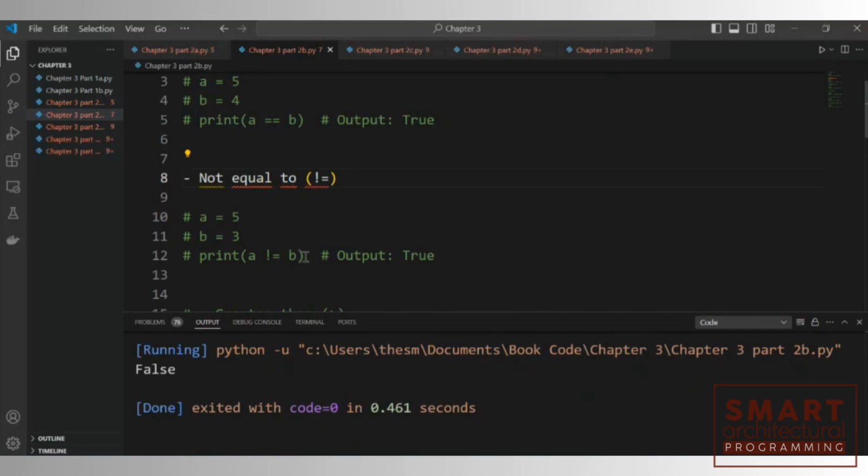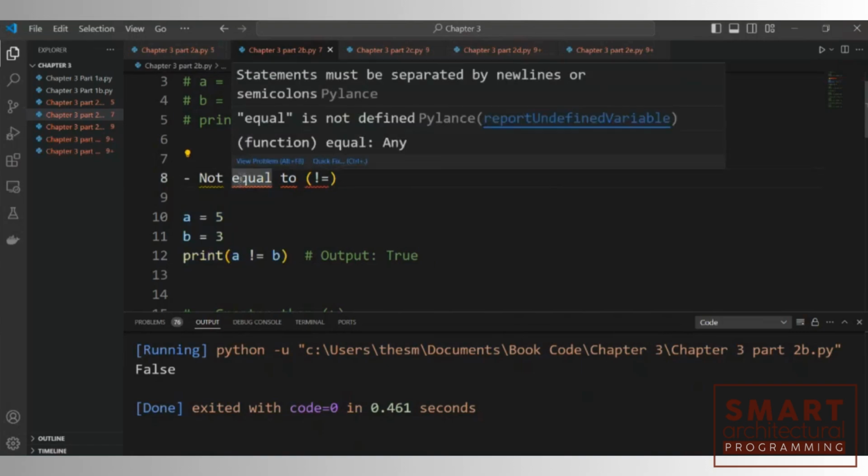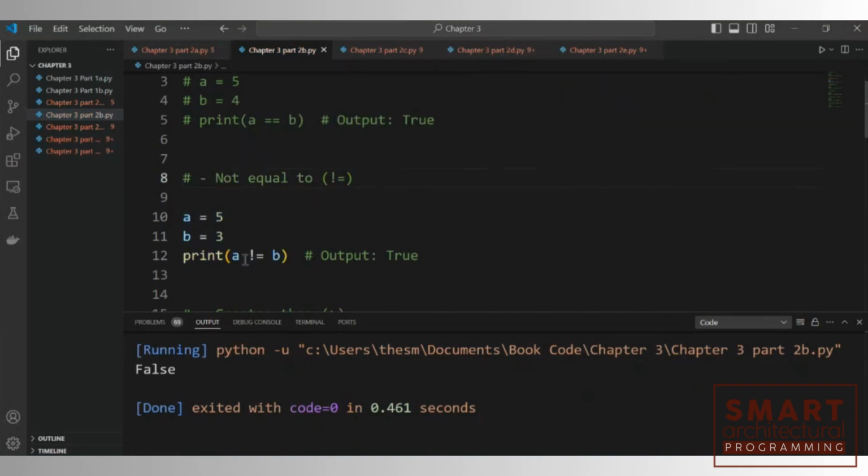And in case they're not equal, as you can see in lines 10 to 12, the answer is going to be true. So it does the complete opposite of what the equal to operator does. If we run this code, we'll find the value is true because 5 and 3 are not equal, and A and B operands have the value of 5 and 3 respectively.